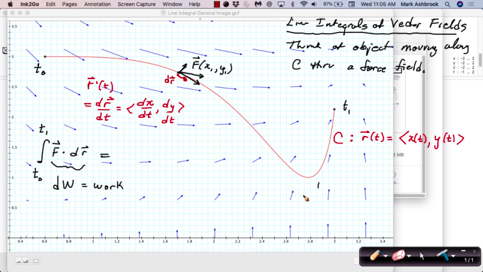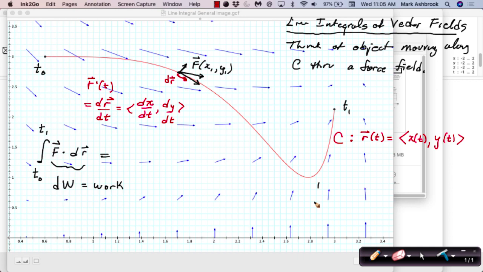What happens when the work done is greater than the acceleration of C? It's independent. The object is going to move along the path regardless of the force field, but it's going to get help from the force field or pushback from the force field, and that's what we're calculating by the line integral. So it doesn't matter if it speeds up, if it slows down, if it accelerates.